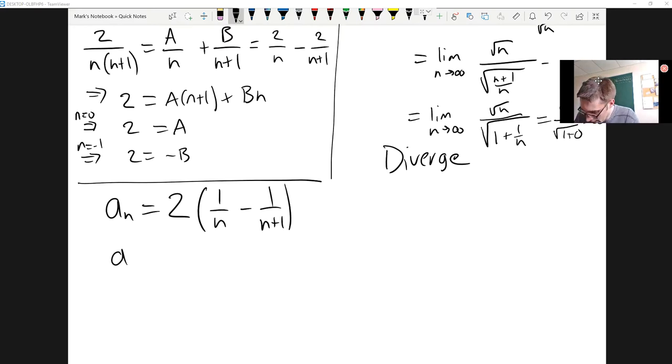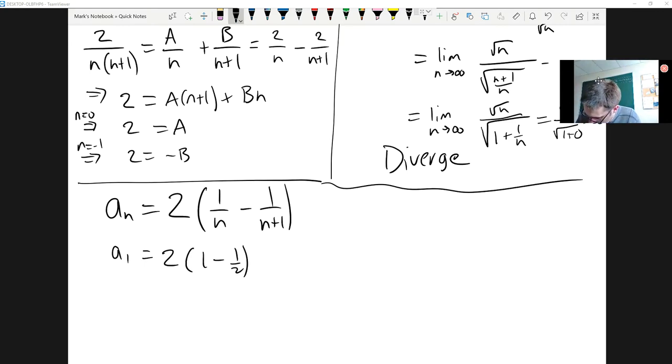And so we could write down some partial sums here and some individual terms. Start with the terms. A1 would be 2 times 1 minus 1/2. A2 would be 2 times 1/2 minus 1/3, and so on.